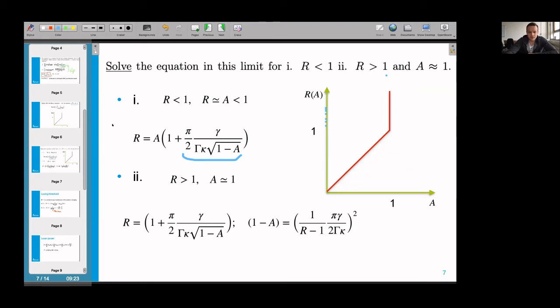Then we can simply write this as a solution of the equation. So we just replace the a that was in front by a which is around 1, and we express 1 minus a as a function of r squared, and that is the solution to the equation in this case.